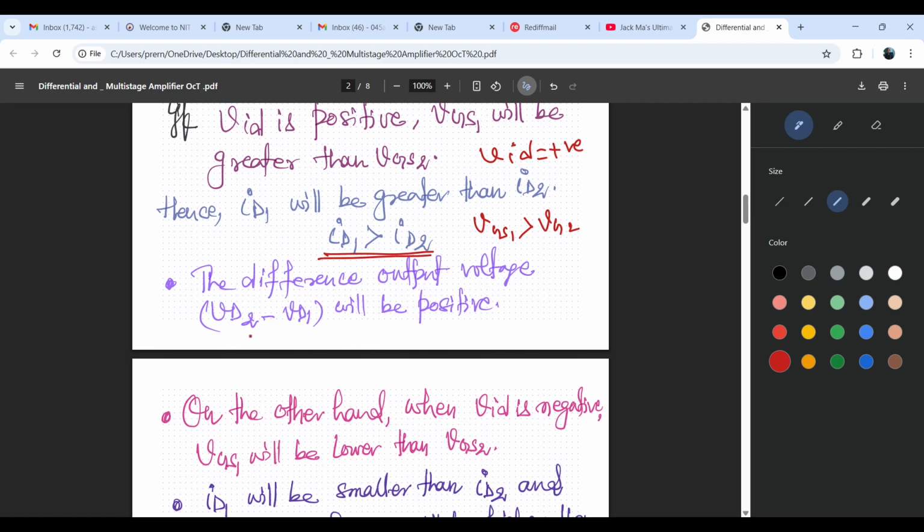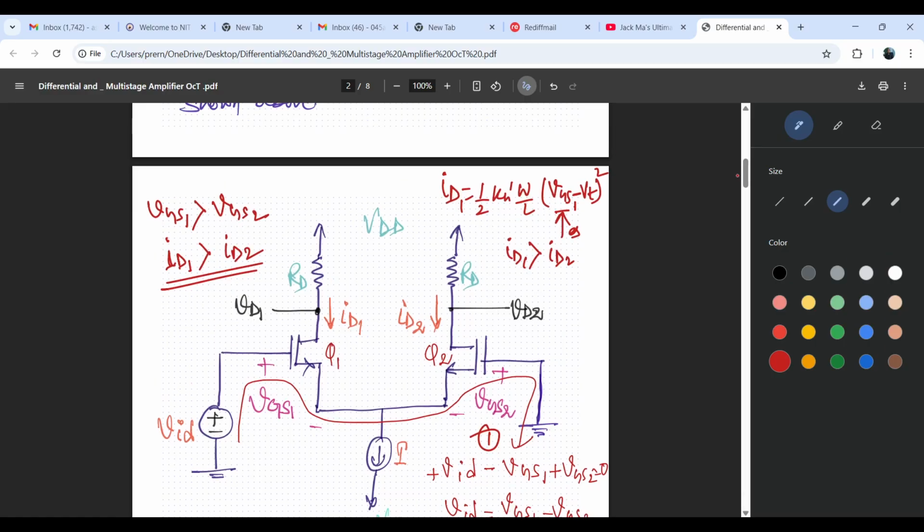Now the difference VD2 minus VD1 will be positive, because the drain voltage VD2 can be written as VDD minus ID2 RD, and similarly VD1 is VDD minus ID1 RD. Since the ID1 current is higher, this VD1 value will be smaller, and since ID2 is smaller, VD2 will be higher.